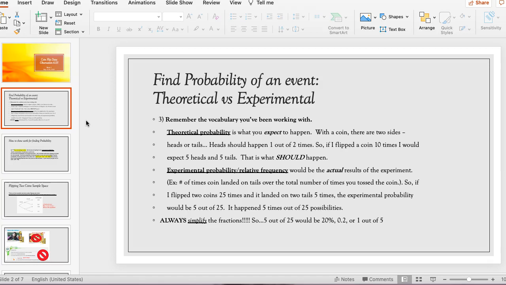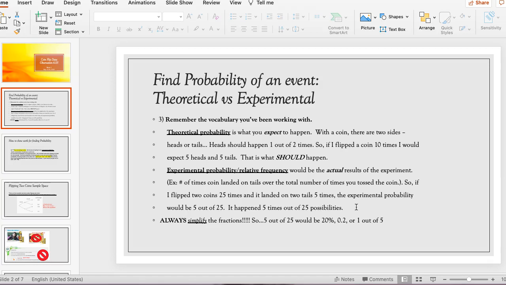So if I flip 2 coins 25 times, and it landed on both tails 5 times, the experimental probability would be 5 out of 25 that both coins landed on tails. 5 out of 25 could be written like a fraction and could be simplified, and we always want to simplify the fraction.